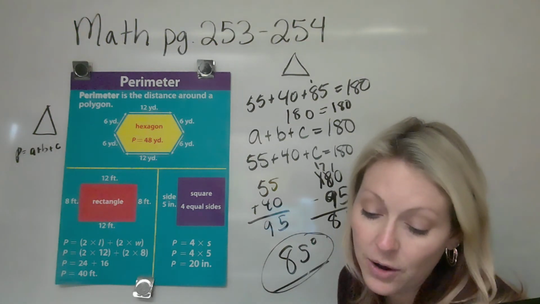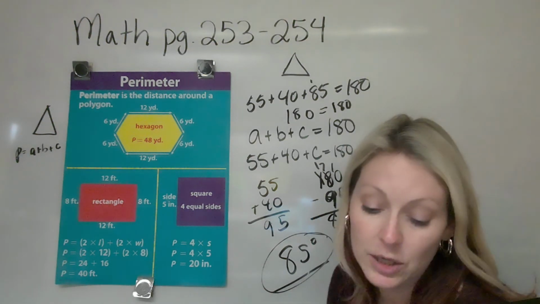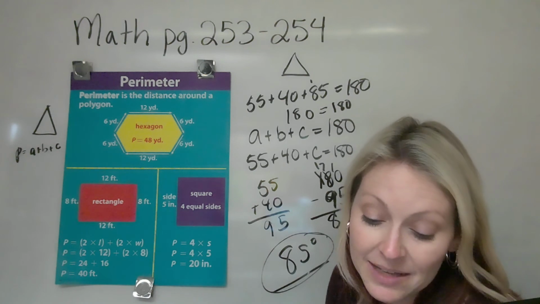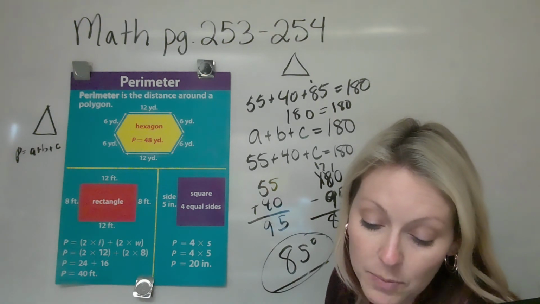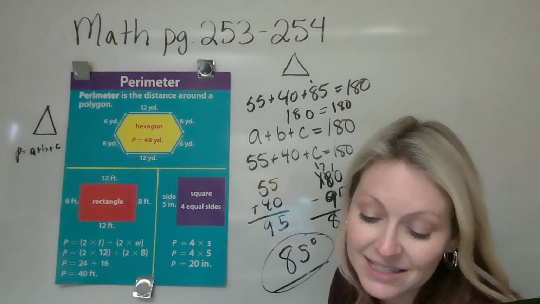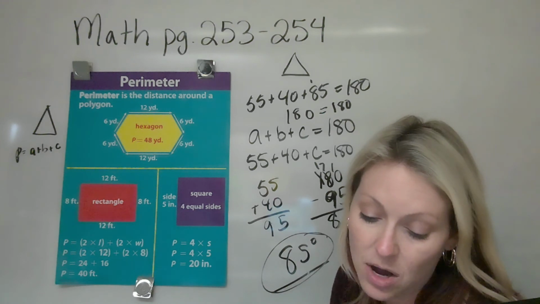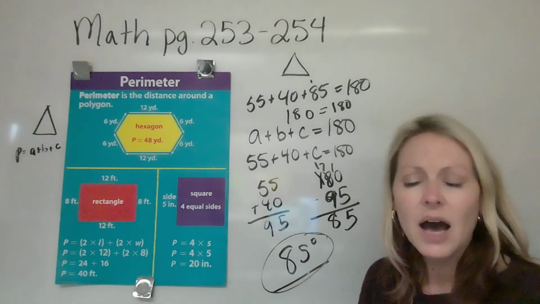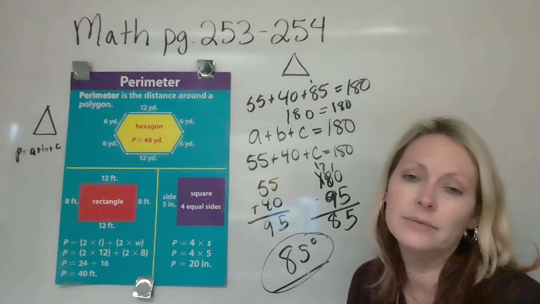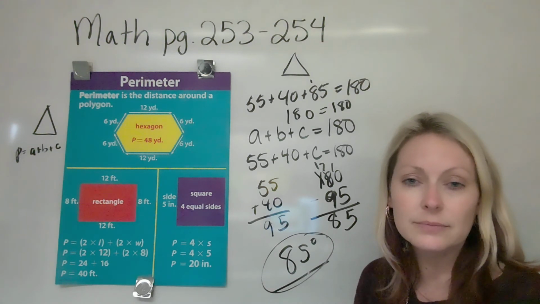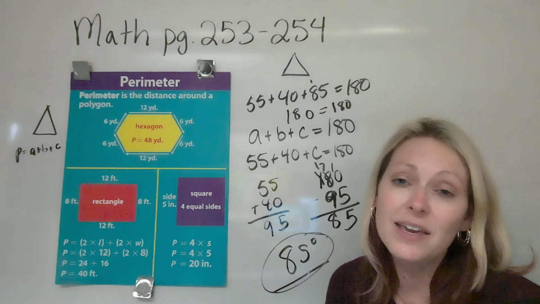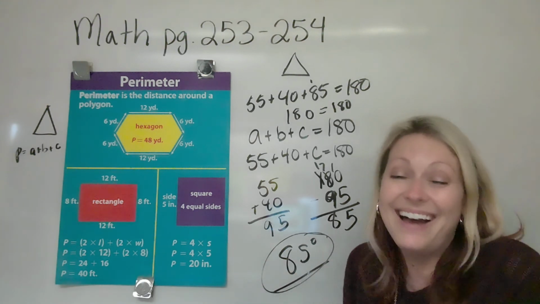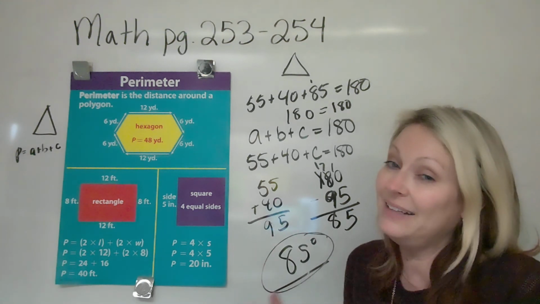Okay, so let's look at D. Zach told Mr. Calbert that he constructed a 7-sided octagon. Why is that impossible? A 7-sided octagon. I hope you're all thinking octagons have 8 sides like an octopus, 8 legs.